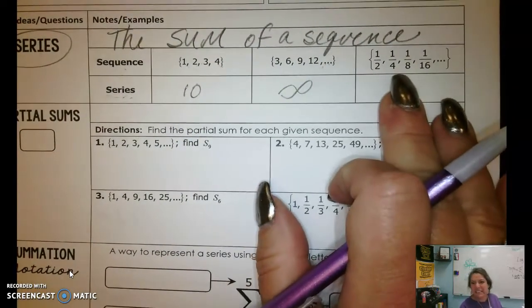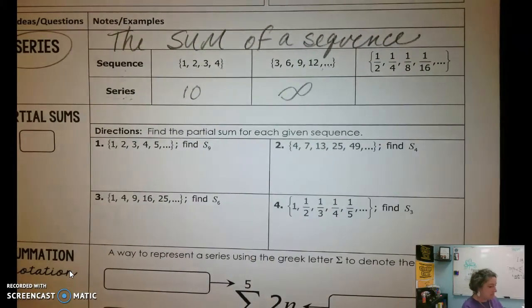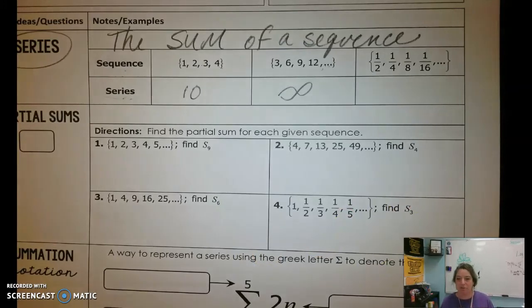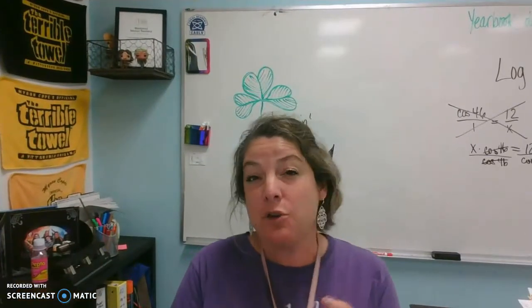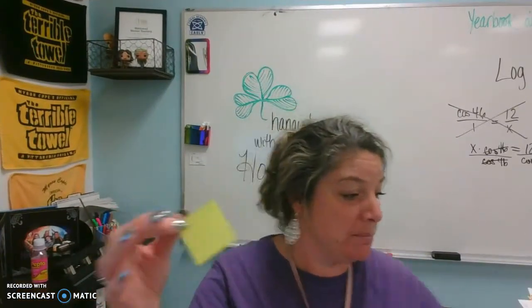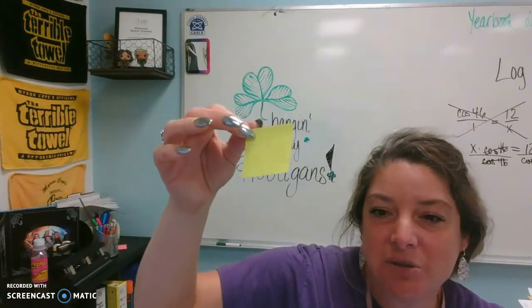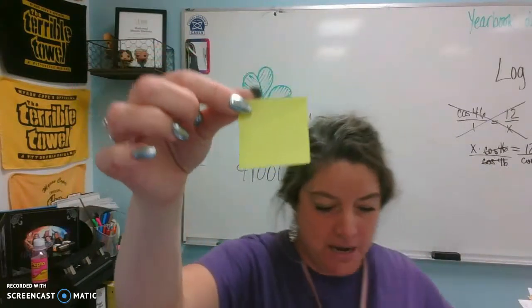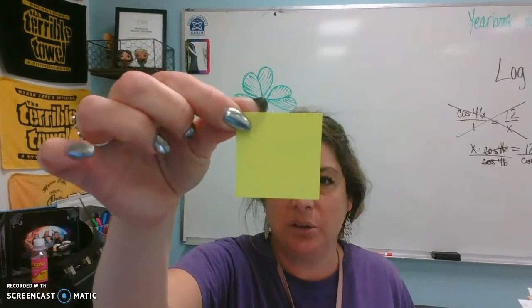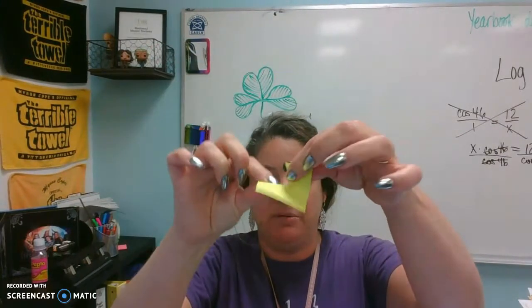This one is a little bit more challenging to see and to think about, but let's say you had to add a half, a fourth, right, an eighth. And so if you were actually in the building, I would make you do this, okay? But let's say you have this one Post-it note, right, this one little piece of paper, and I'm going to go ahead and rip it in half, okay?